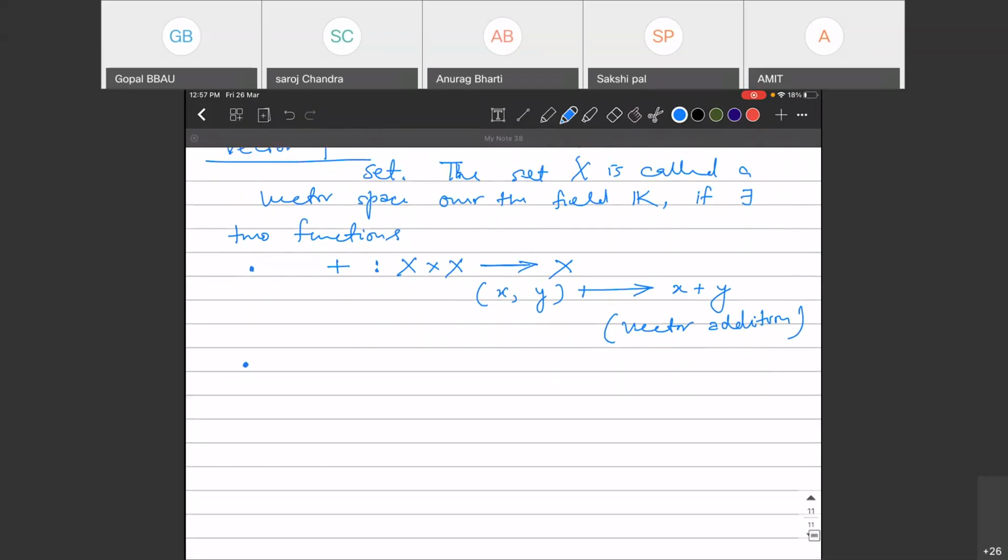The second operation, which we denote by a dot, is scalar multiplication.